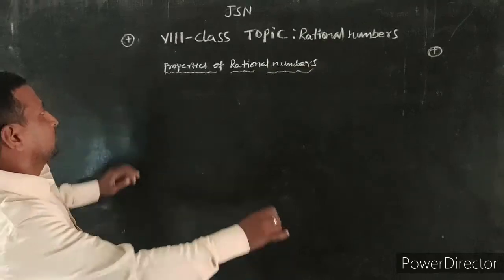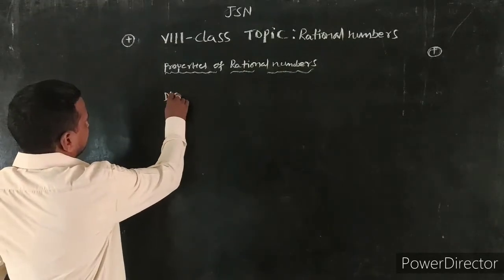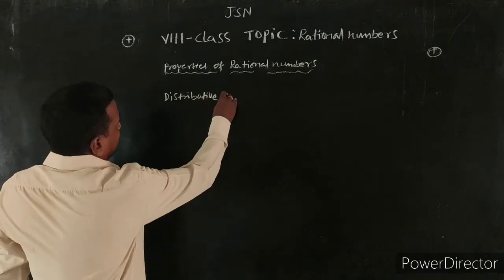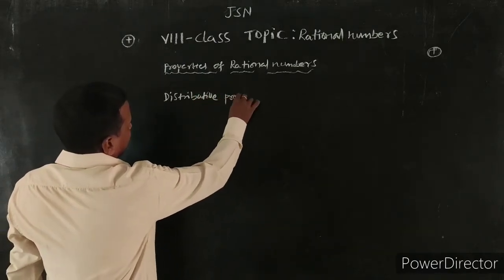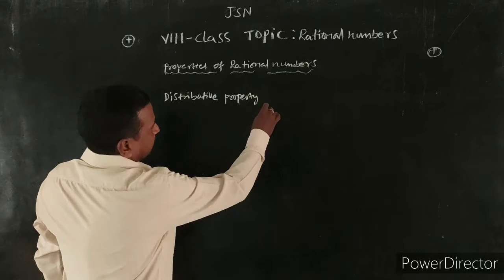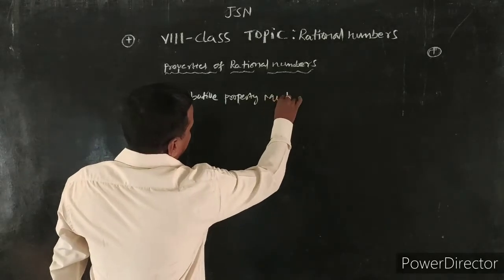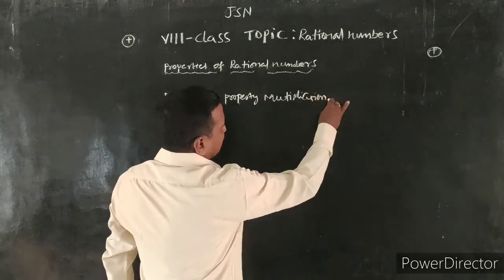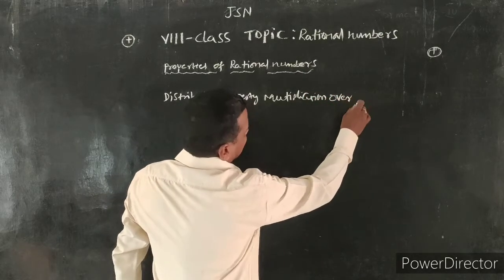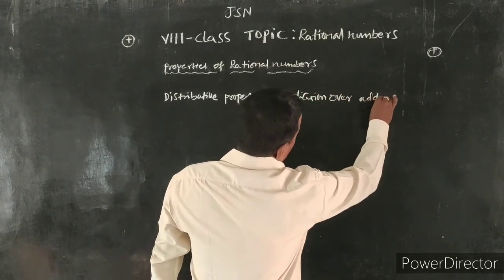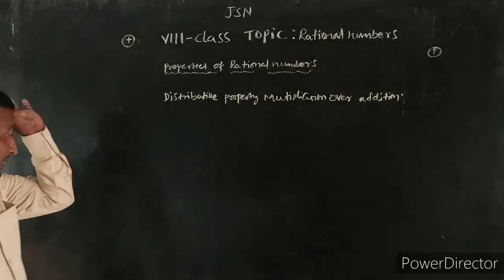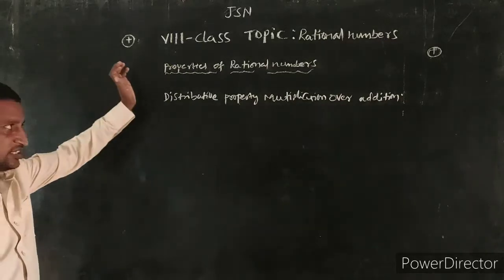Okay, next, distributive property. Multiplication over addition. Let A, B and C be three rational numbers.